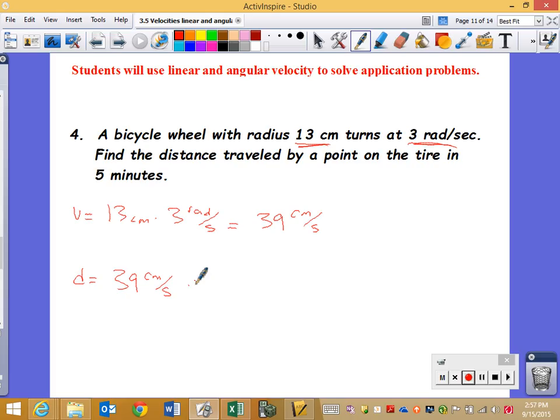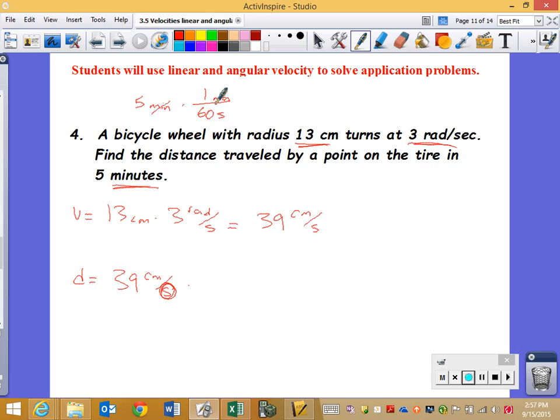However, notice the time is in minutes, and right now my velocity is in seconds. So I need to change my 5 minutes into seconds in order to multiply things out here. Your units always have to match. So I have 5 minutes, and I know that per 1 minute there are 60 seconds.